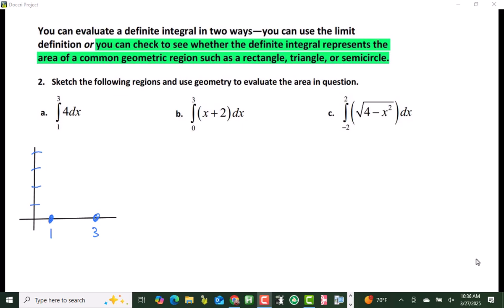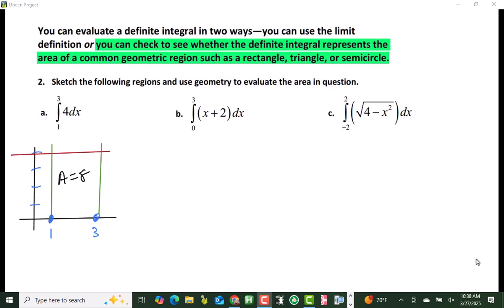What's f of x? 4. So I can do that slightly faster than doing that long calculus way. What's my area? 2 times 4. Always helps to sketch something out. I'm not talking about an elaborate drawing like we had to do with all the concavity and stuff.